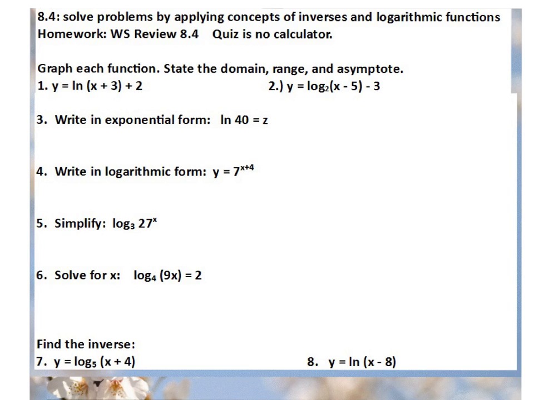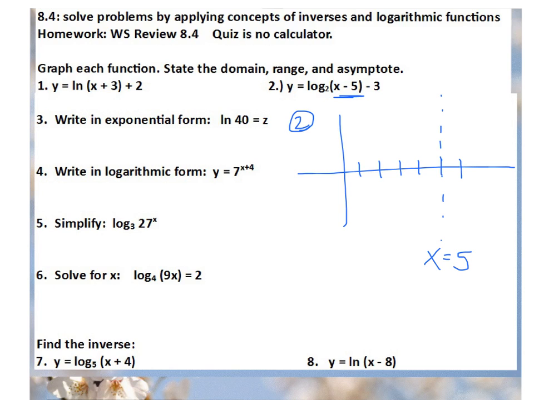Okay, now for number 2, our asymptote is going to be at x equals 5, because that's what makes this argument 0. When we plug in 1 unit to the right, that's 6. Now we need to get the y-coordinate, so that's going to be log base 2 of 1 minus 3.